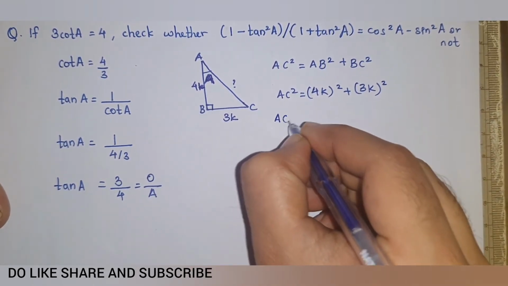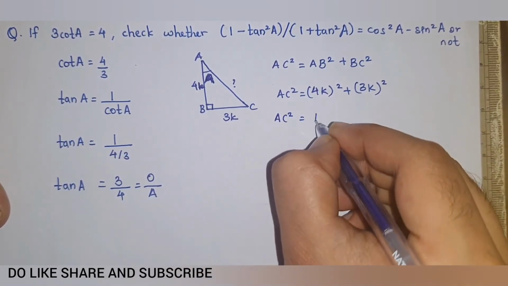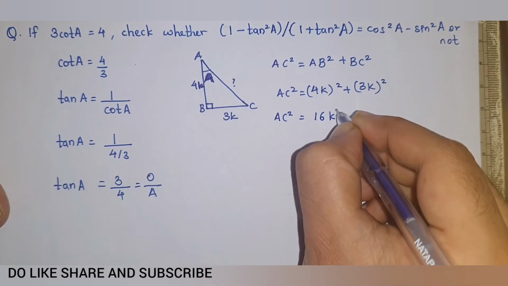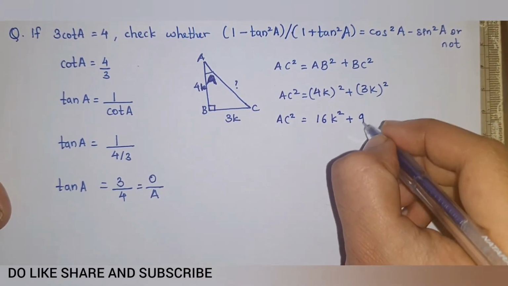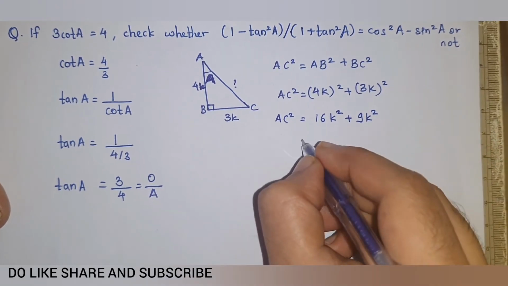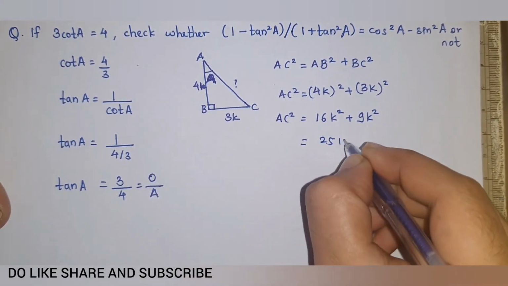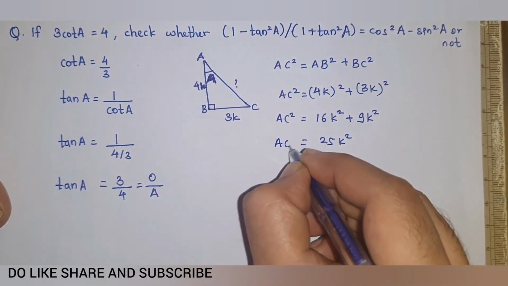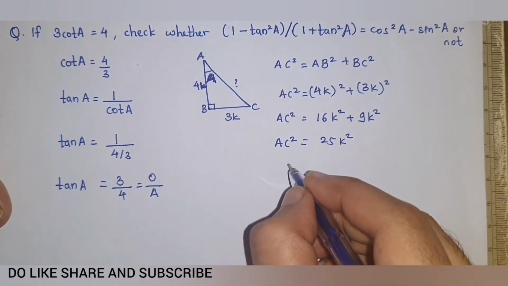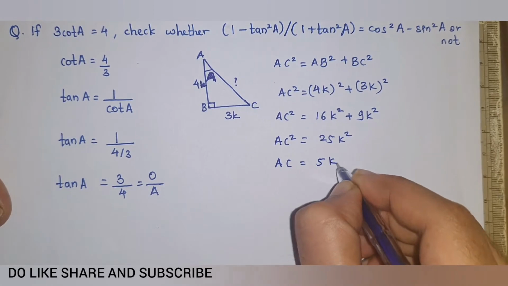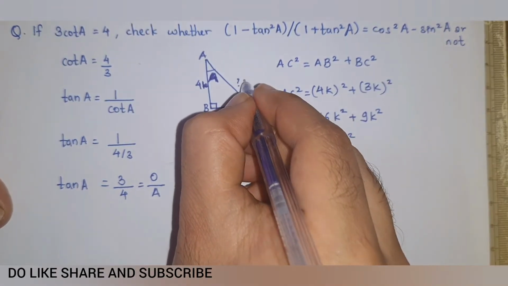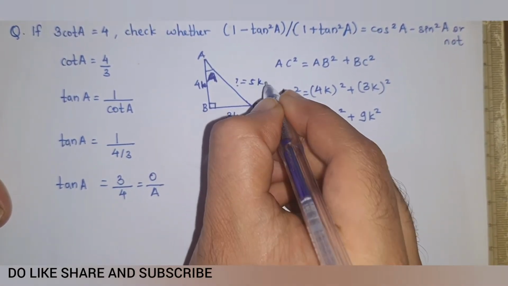Therefore AC square is equal to 4 square is 16 K square, and 3 square is 9 K square. Here we'll be getting 25 K square, that is equal to AC square. By taking square root on both sides we'll be getting AC is equal to 5K. So we have got the value of AC, that is equal to 5K.